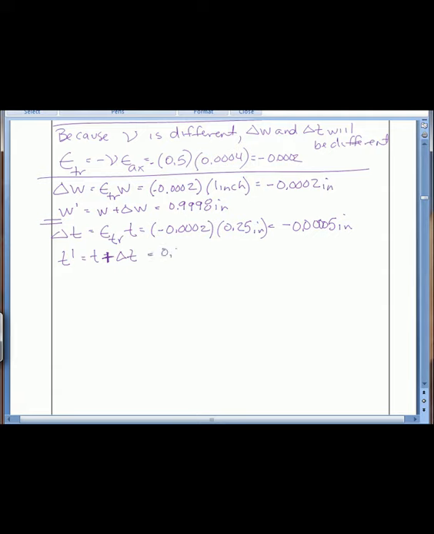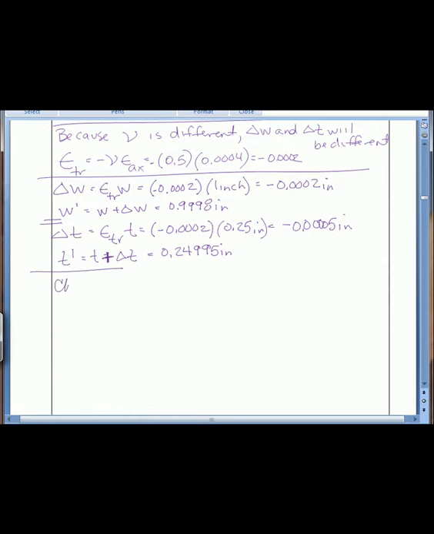Our original was 1/4 of an inch, so the new thickness is 0.24995 inches. Okay, we have all three of our new dimensions.